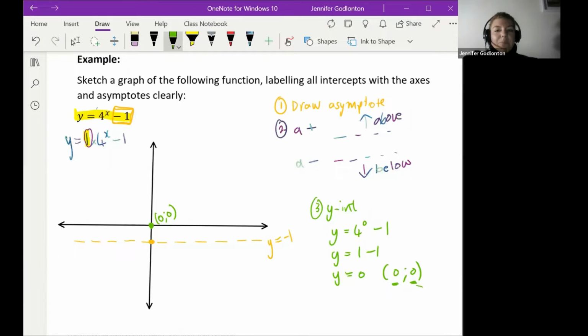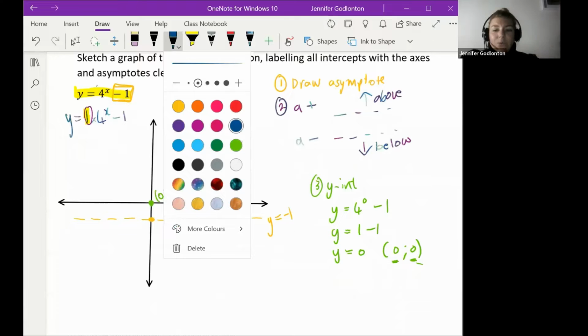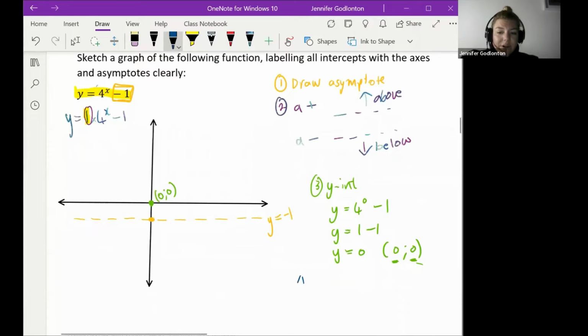Some people do this with the table method, but basically I just need one other point that's on this graph. The problem with finding the x-intercept is I'm going to land up back here at 0, 0, because that is both the x and y-intercept.